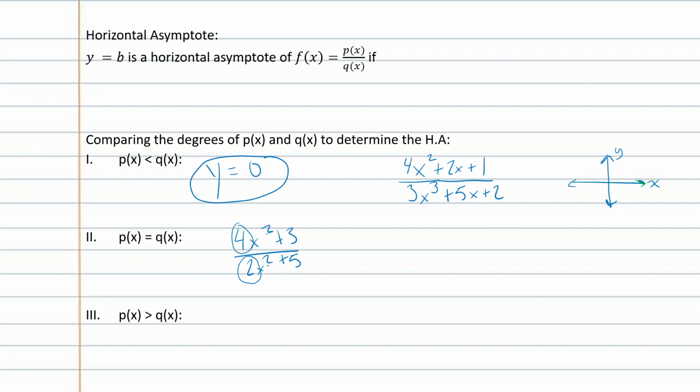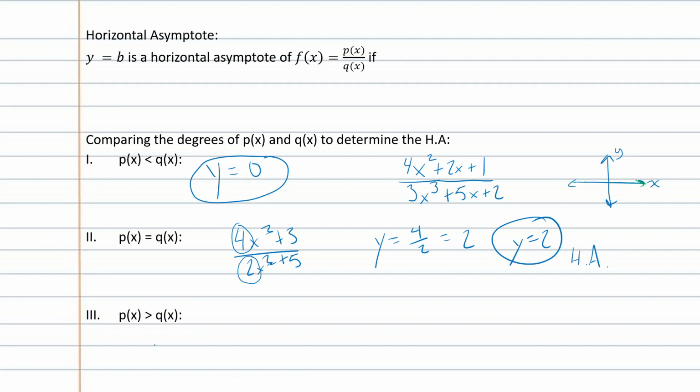The highest degree is 2, and those degrees are equal. What you would find is that y would equal 4 over 2, that would be your horizontal asymptote. Or in this case, simplified, y equals 2.